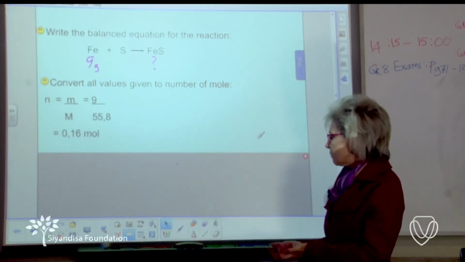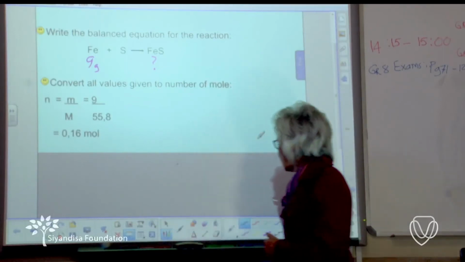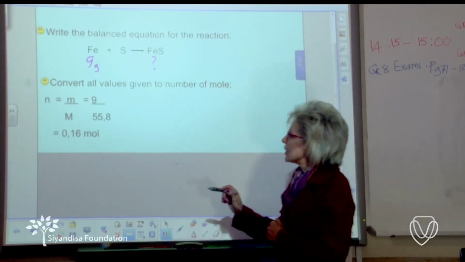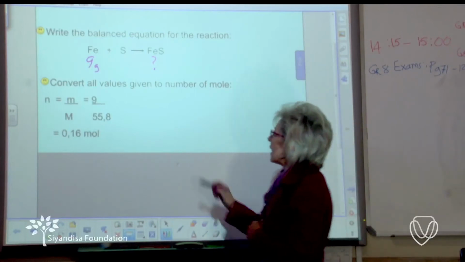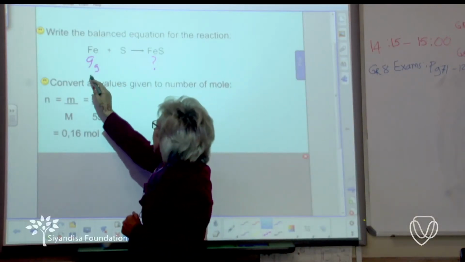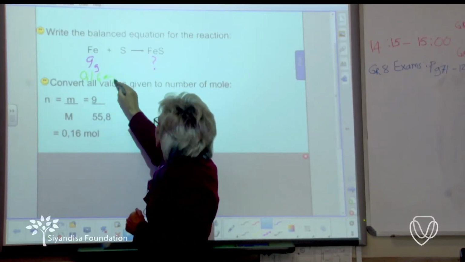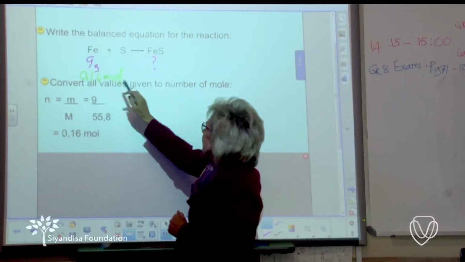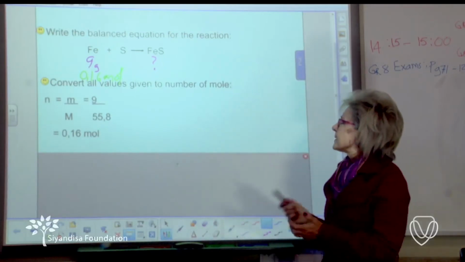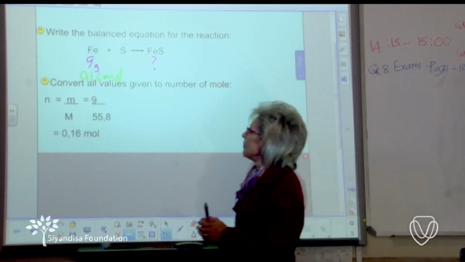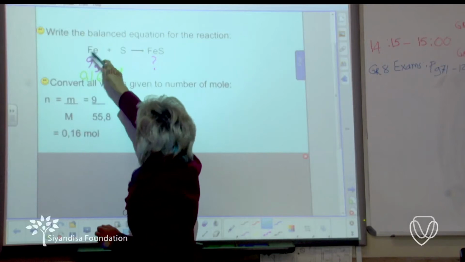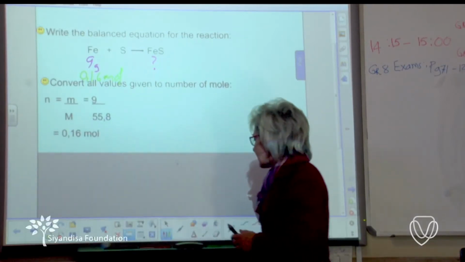So what do I do with a mole? Now I go back to my equation. So in my equation, I now know the 9 gram is also 0,16 mole. And this is the value that I can compare in a balanced equation. So I may now compare 0,16 mole of iron to the FeS that I've got.